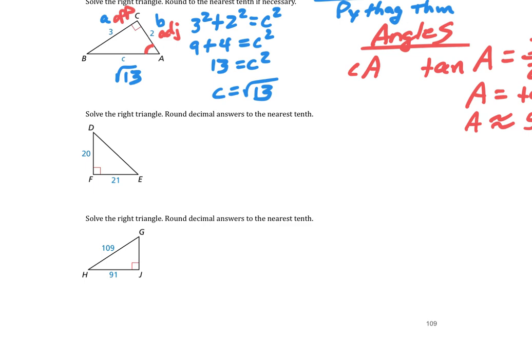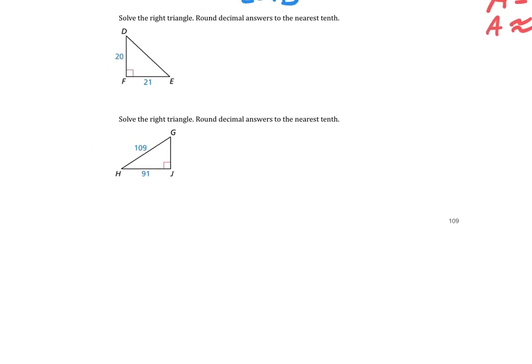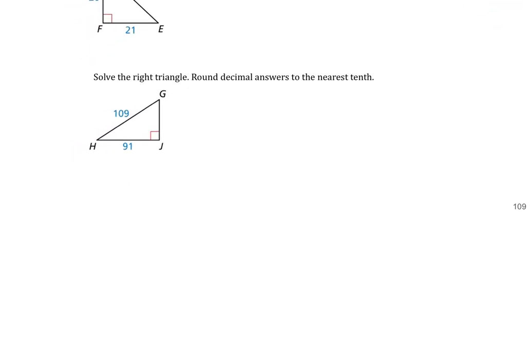Okay, let's jump down to this one here at the bottom. How many sides do we know right now? Two. So if I know two sides, what's the best way to find the third side? Pythagorean theorem, every time.